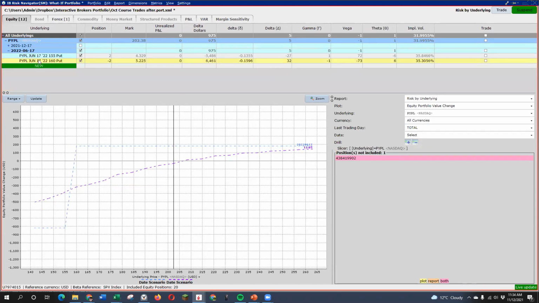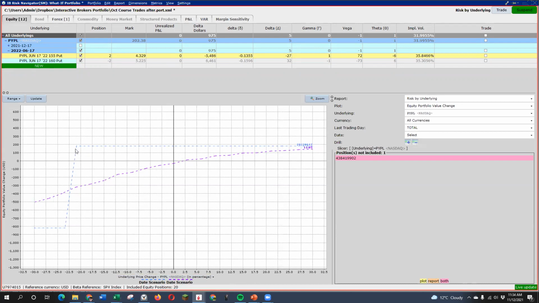So we're selling the June 160 put. We're buying 2 of the 155s, generating about 180, 190 in premium over 810. So pretty decent return potential and a pretty big margin for error on the downside, over 20% before our short strike gets tested. And that's going to be quite slow moving.